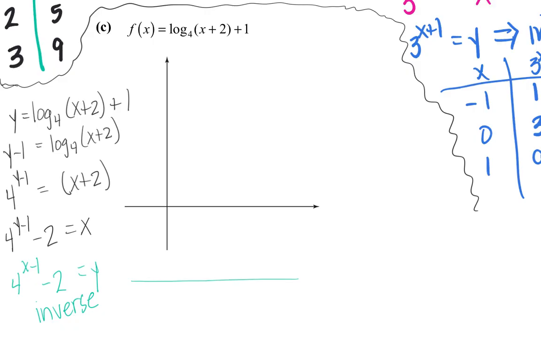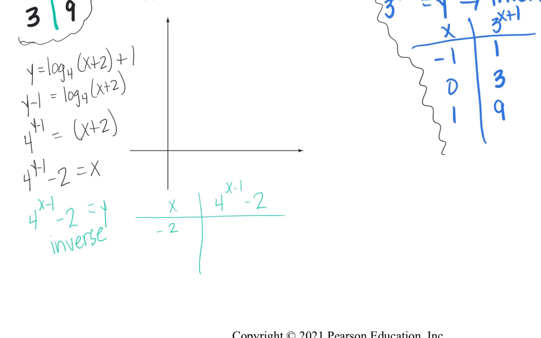So now I can create my xy table here. And I'm going to choose points 2, 3, I'm trying to look at my notes here.